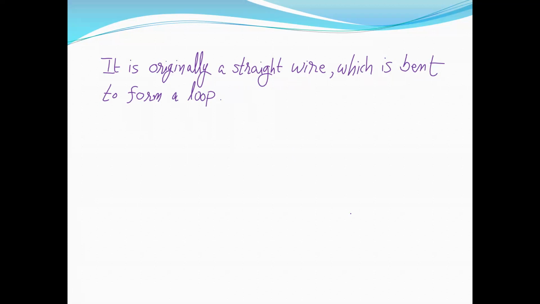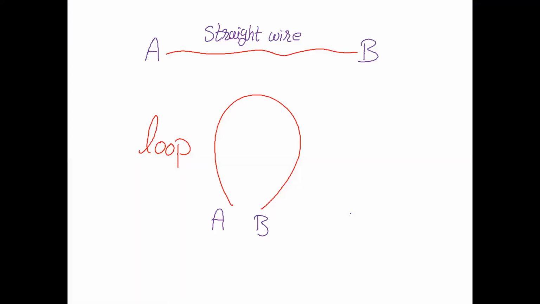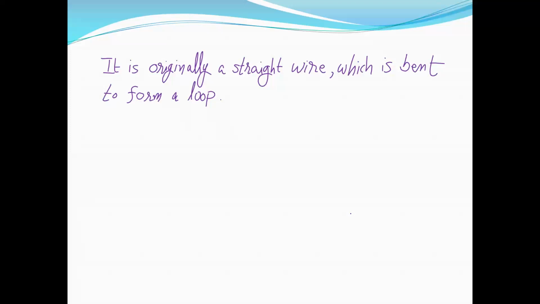Give the heading, circular coil. Circular coil is originally a straight wire which is bent to form a loop. Look, this is a straight wire AB. It is a straight wire and we have bent it to form a loop.